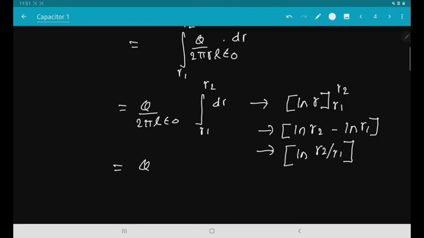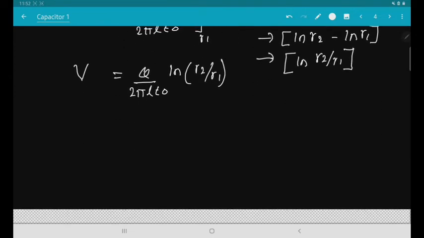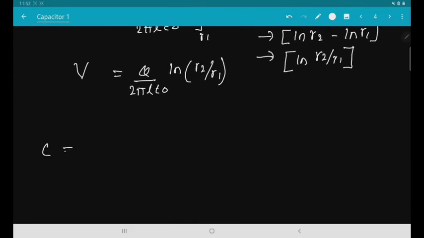So after all these steps, I can write this as q divided by 2πLε₀ times ln of R2 divided by R1. This will be the potential. So from this potential we can calculate the capacitance, q divided by this potential.